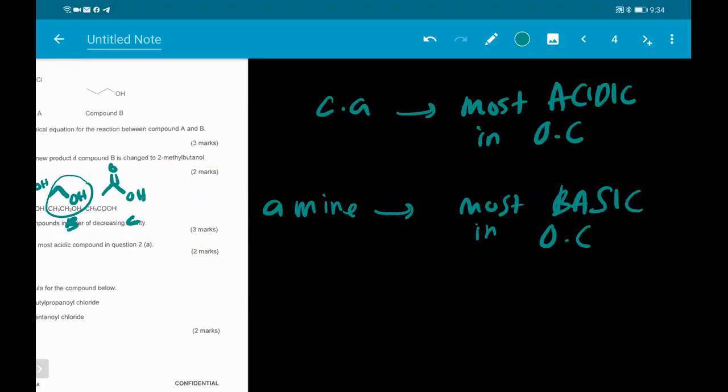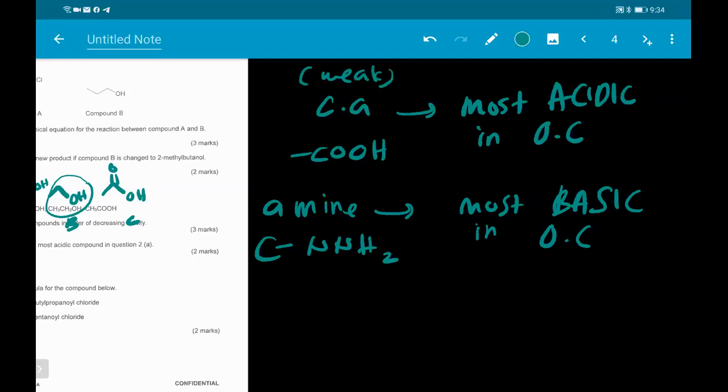It will be amine. Right, carboxylic acid tadilah yang COOH, amine adalah CNH2. Alright, kena faham satu benda, diorang adalah paling kuat dalam organic chemistry. However, carboxylic acid is considered as weak acid.